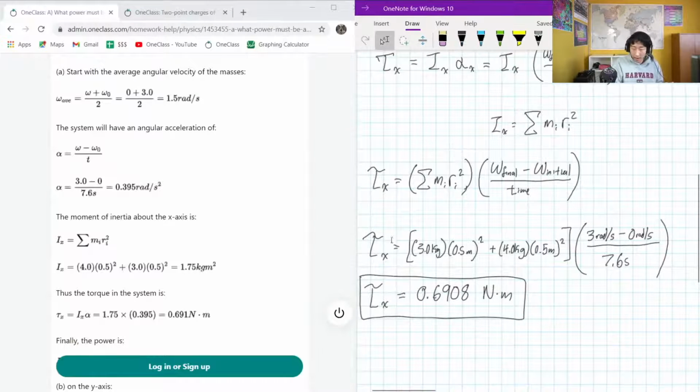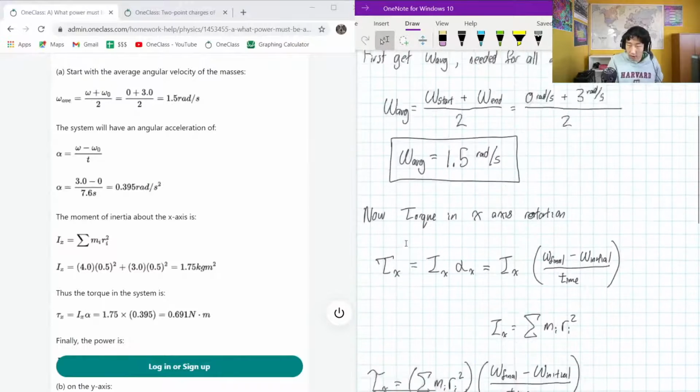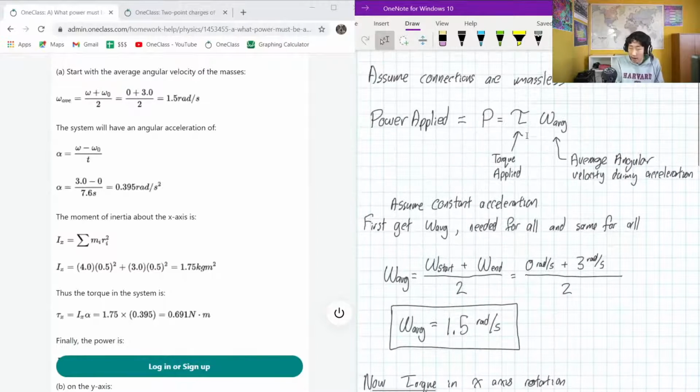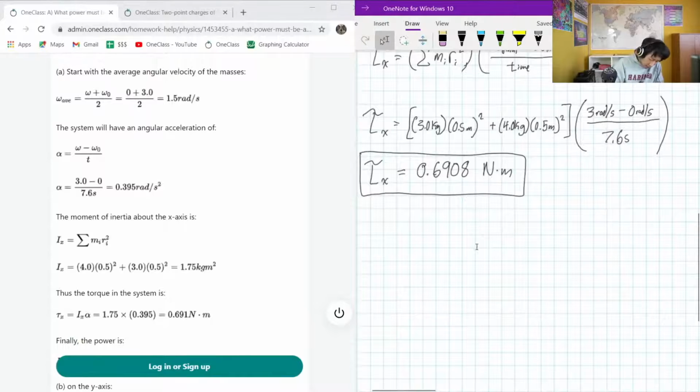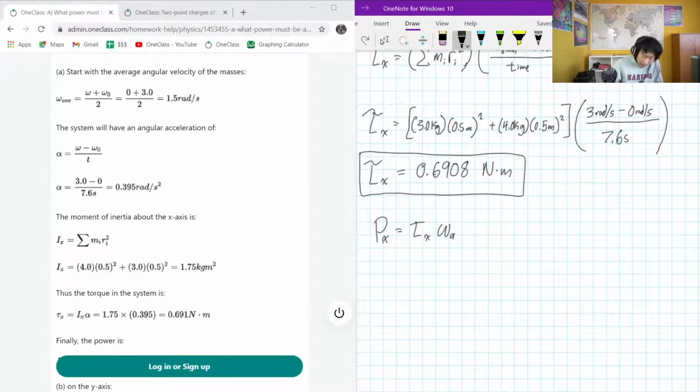Okay, but that is not what we need. We need to get the power, right? And the power is just the torque multiplied by the average angular velocity. We know that the average angular velocity is 1.5 radians per second. So power for the x direction is going to be the torque in the x multiplied by the average angular velocity.